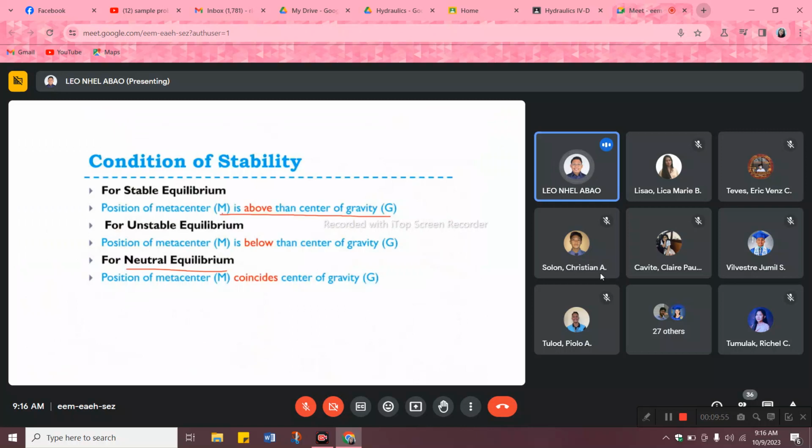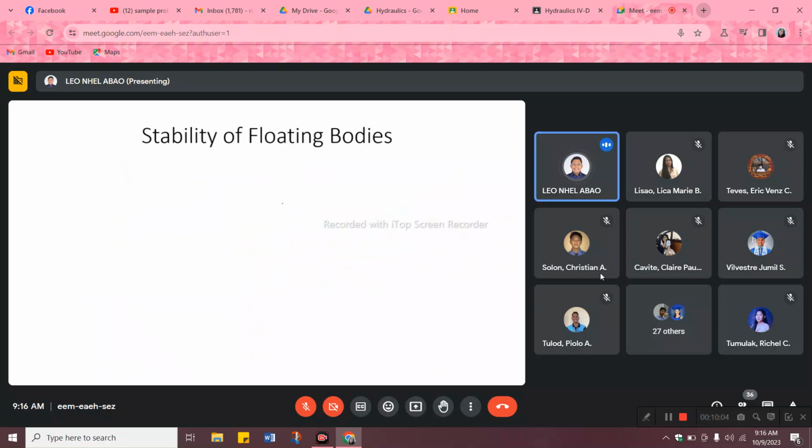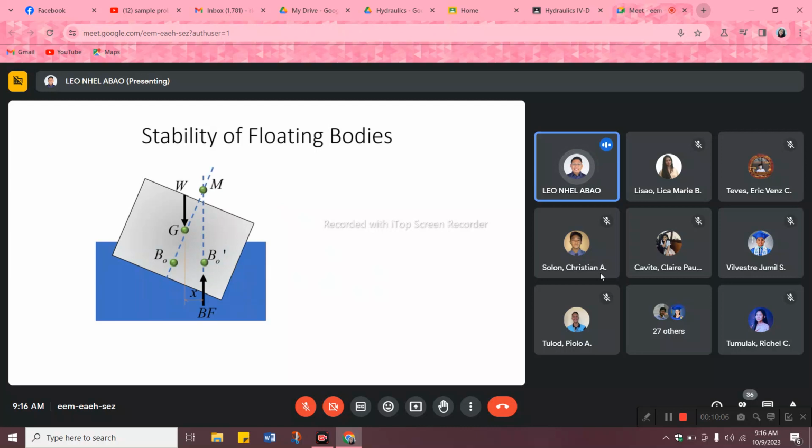Okay, so those are the conditions for stability. Now again, back to that figure. Stable position, it is stated that M must be higher or greater than the level of G. We also say it is stable if MBO is greater than GBO.